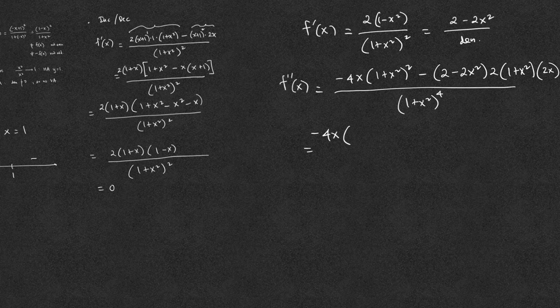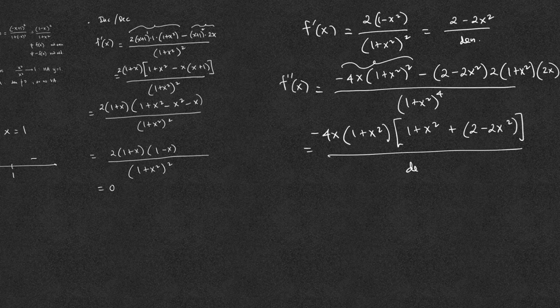We can factor out 1 plus x squared as well. What we have left from the first term is 1 plus x squared. We factor out 2 times 2x already and the negative sign as well, and 1 plus x squared. What we have left is plus 2 minus 2x squared over the denominator.